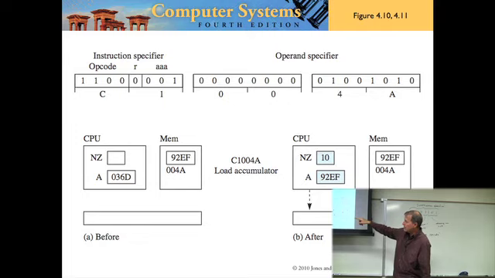Now let's suppose in the CPU that the original content of the accumulator is 036D. If we execute the C1004A instruction, what will that do?